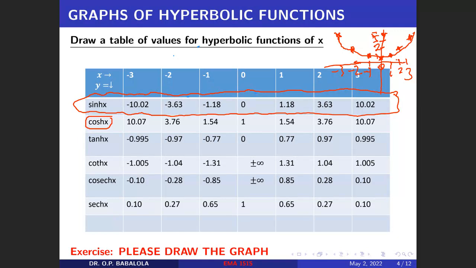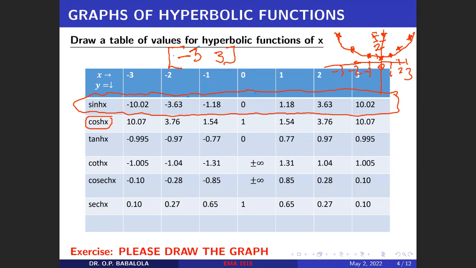Because this range is enough to sketch my graph, though you can consider any range. So when x is minus 3, the corresponding y value is 10.07. So it's this point here, okay?